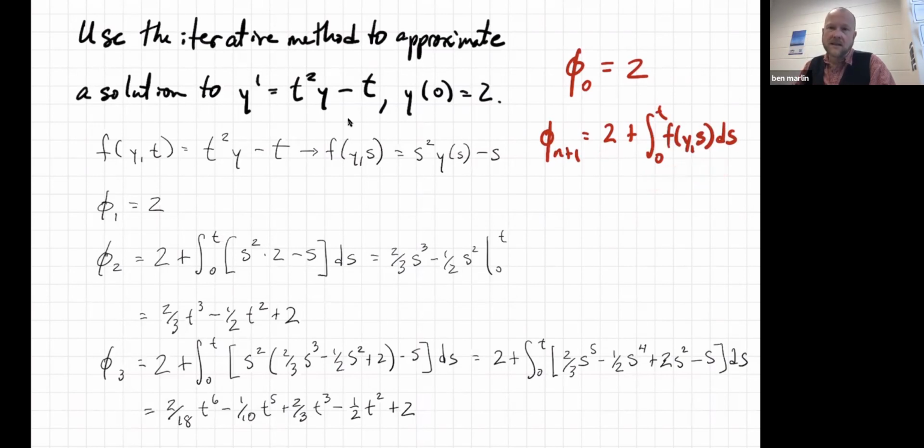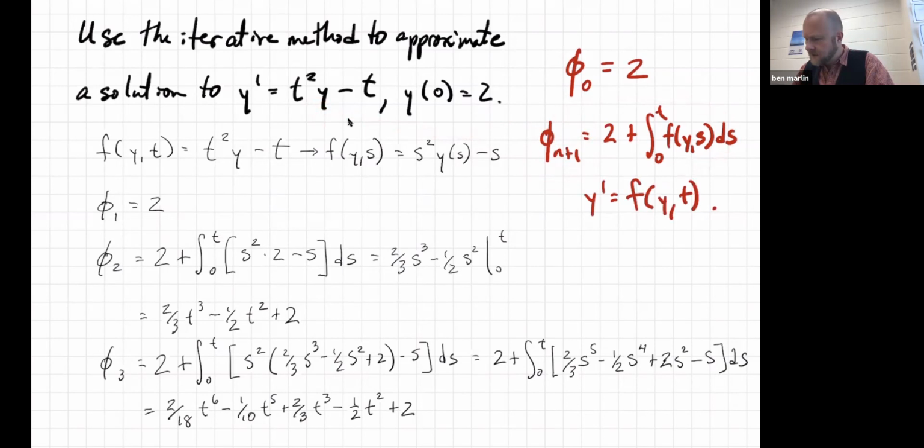So the iterative method just essentially says that we set this up here with initial condition plus the integral of f of y, s. And the notion that we actually have is that if we take the limit as n goes to infinity, if it converges, and when you have a Lipschitz condition, it will, then the thing that we get out of this will have to satisfy this differential equation that was given to us by y prime equals f of y comma t.